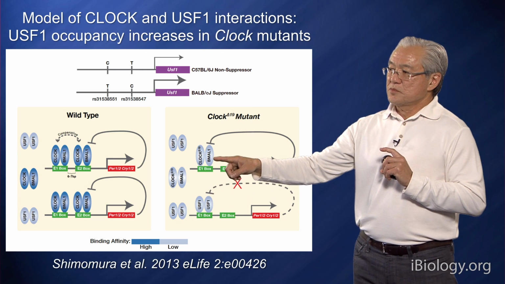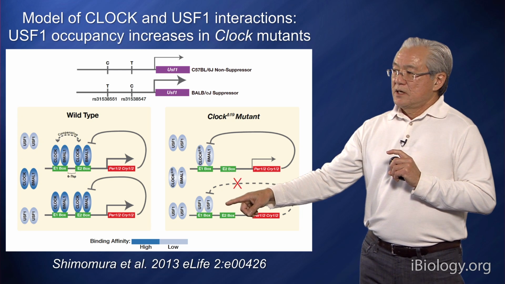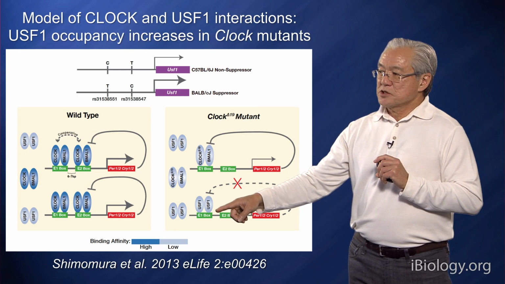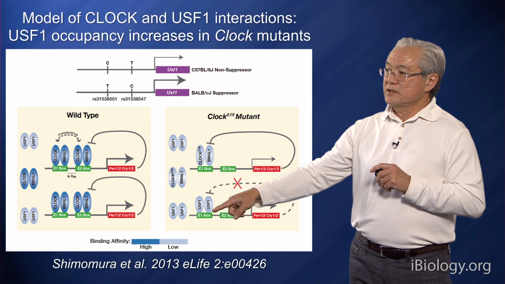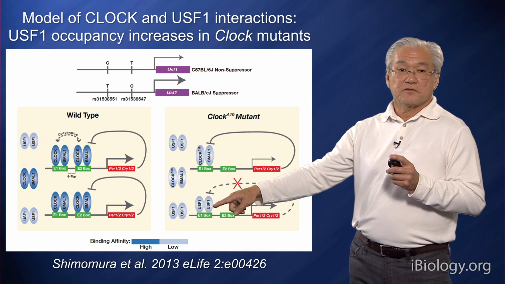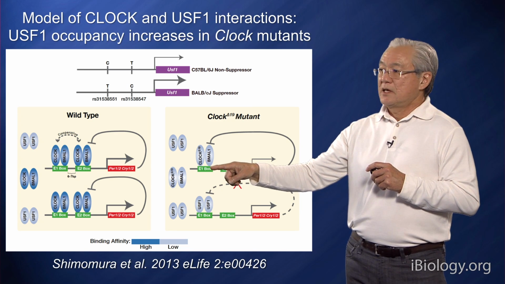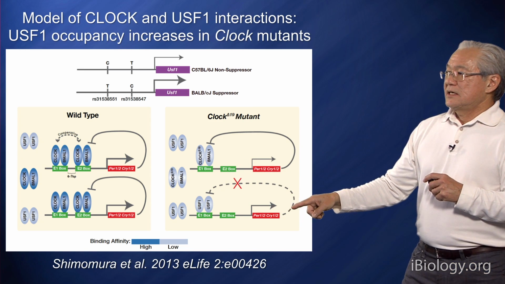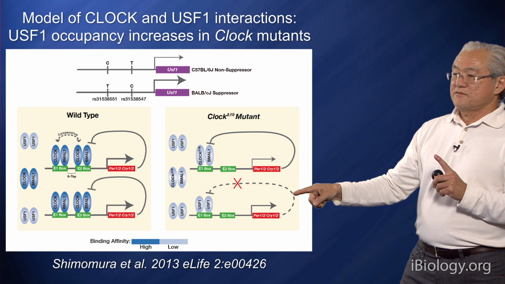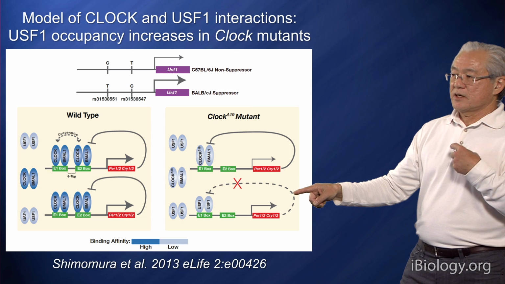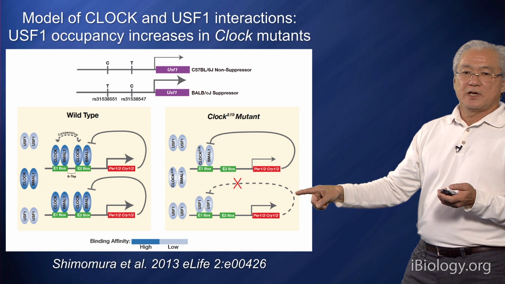Now, the clock mutant protein is deficient in transcription. So USF1 actually can rescue that function because USF1 can activate transcription from the same regulatory sequences as clock BMAL. The only difference is, of course, USF1 is not subject to negative feedback. And in fact, that promotes the activation potential of USF1 in addition.